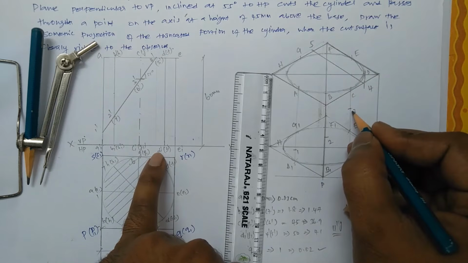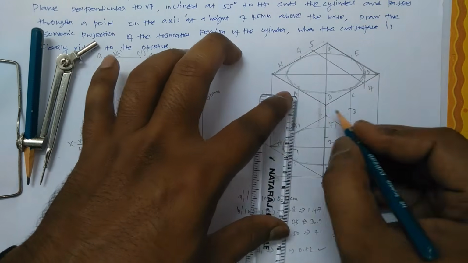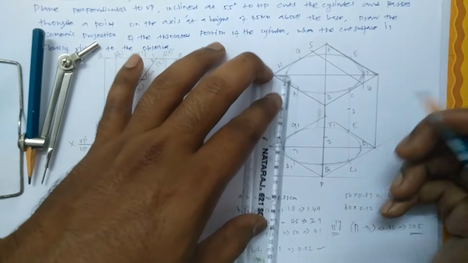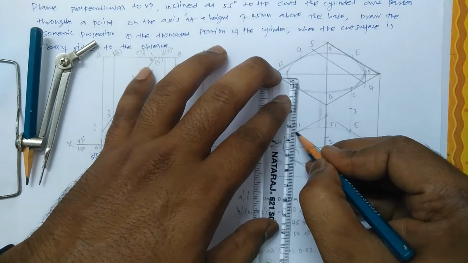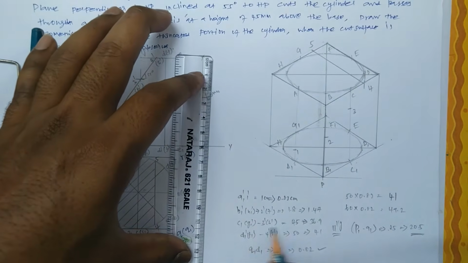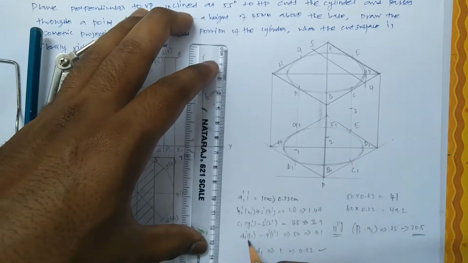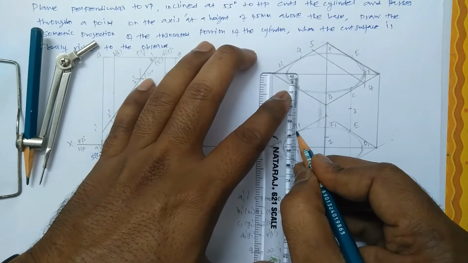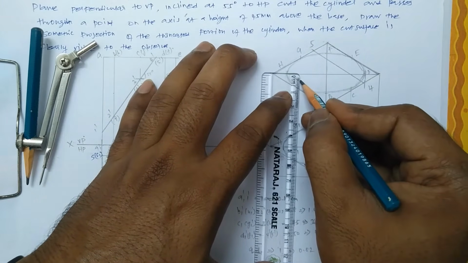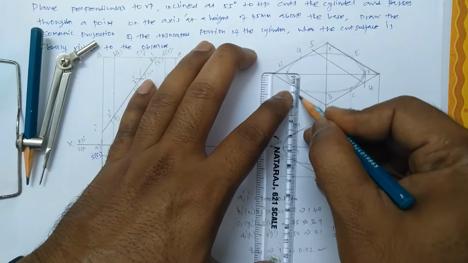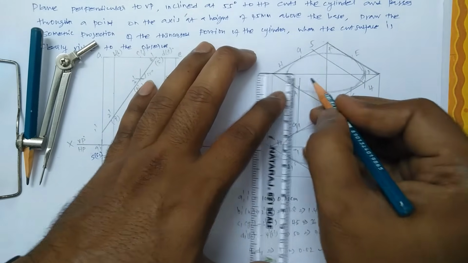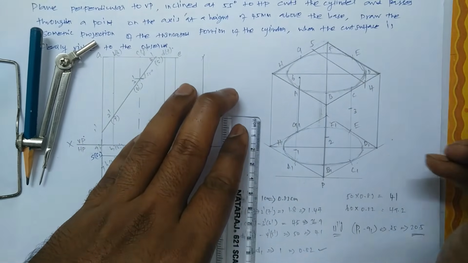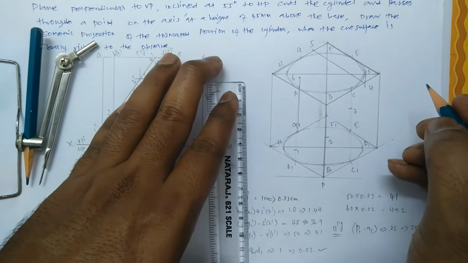Two more points. Connect again, transfer that the point is 6, and one more, 7.